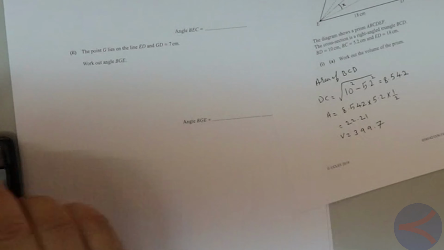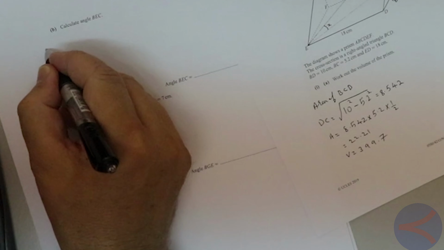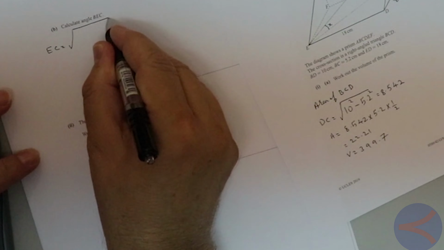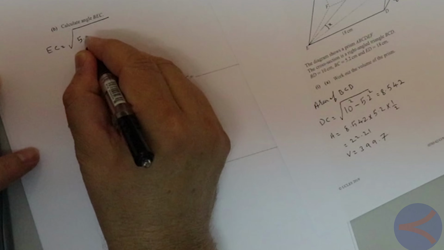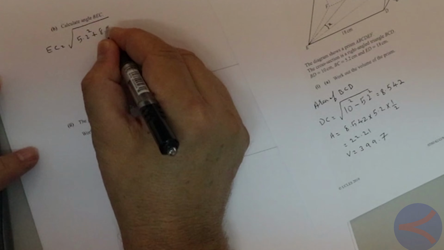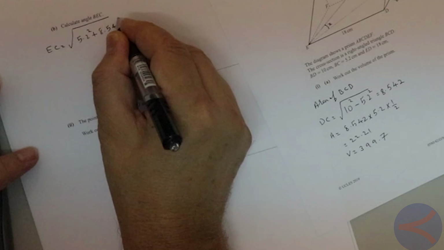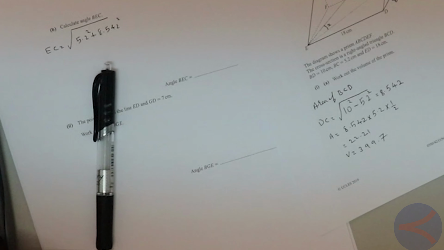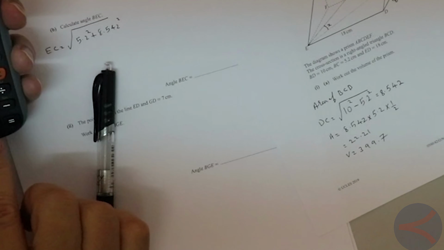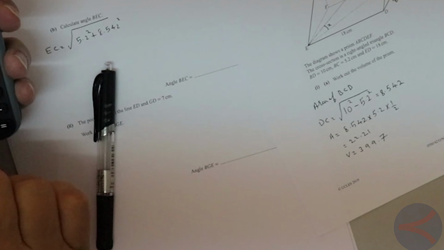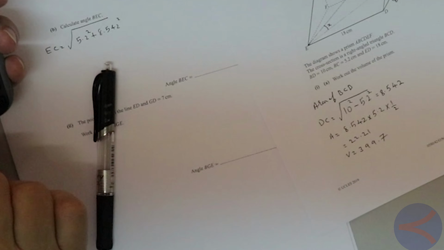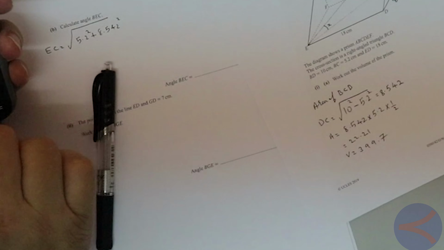To do this, I will say EC is equal to the square root of 5.2 squared plus 8.542 squared.